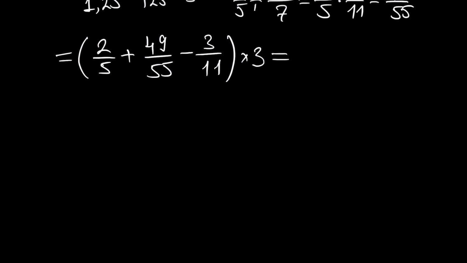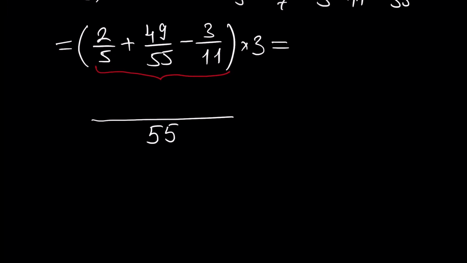Next, to perform what is inside the braces, we find the least common multiple of three numbers, 5, 55, and 11. This is obviously 55. Watch previous tutorials to understand what the least common multiple is.